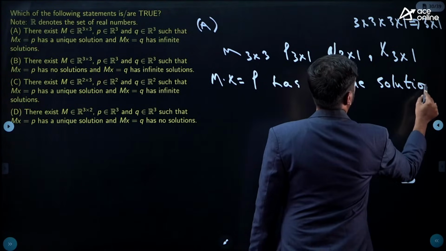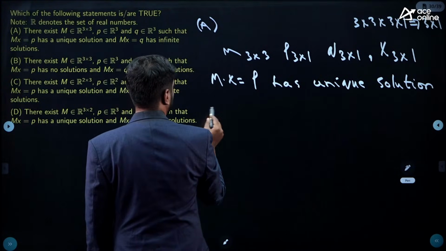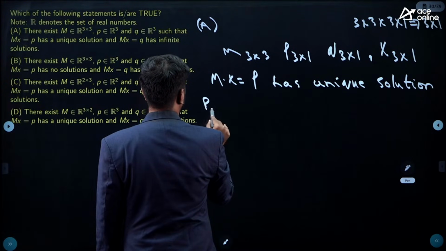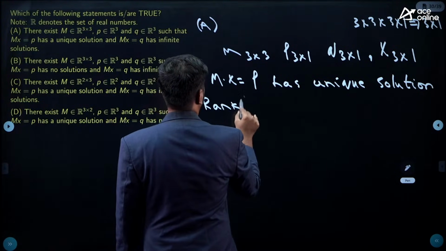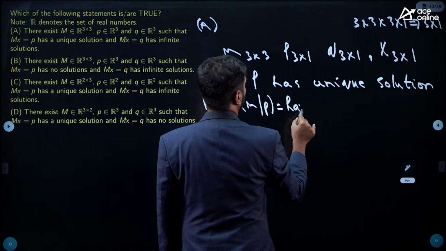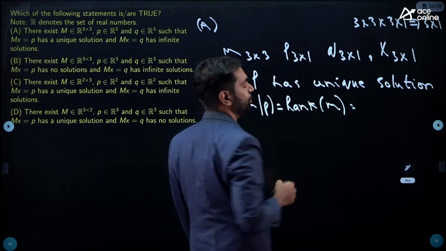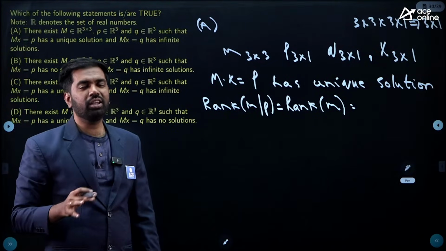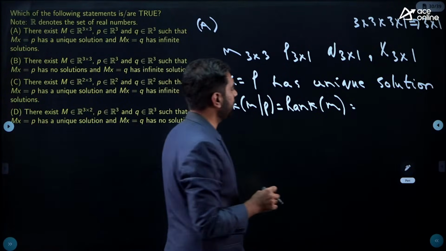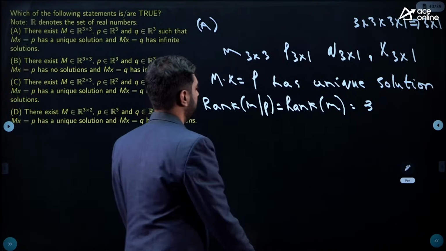Now can you recollect, when does Mx equal to P have unique solution? This happens when rank of MP equal to rank of M equal to number of variables. How many variables are involved? 3 variables are involved.